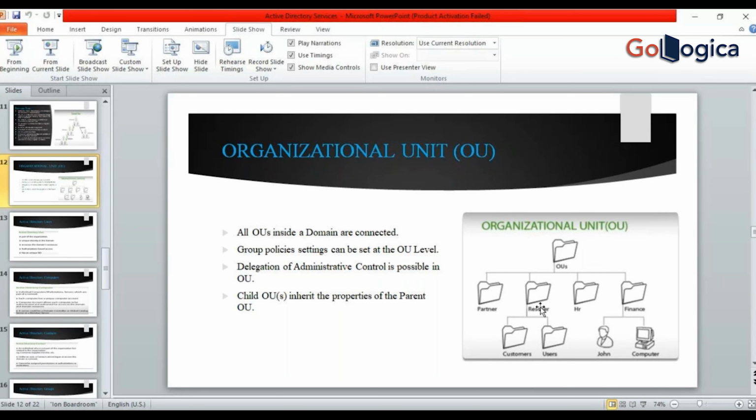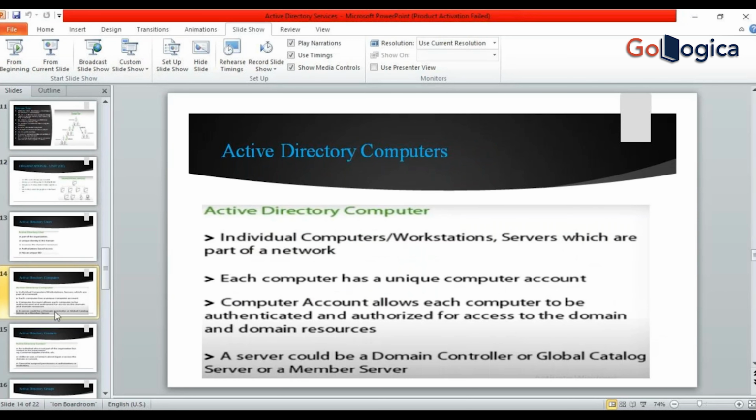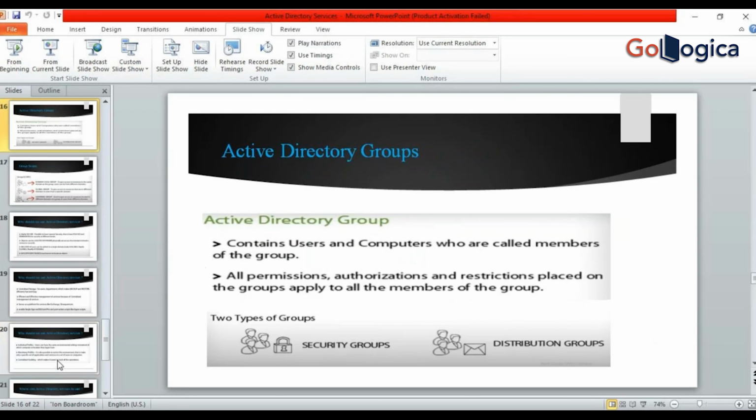In the picture you see that under resellers there are either customers or users, or even in the finance teams either the users or the objects are located. So an organizational unit is a hierarchical arrangement of information which is interconnected with each other. So I'm talking about why and where exactly Active Directory is supposed to be used.